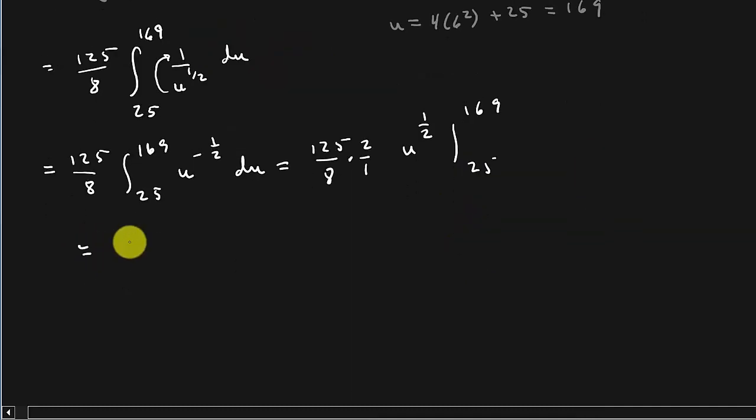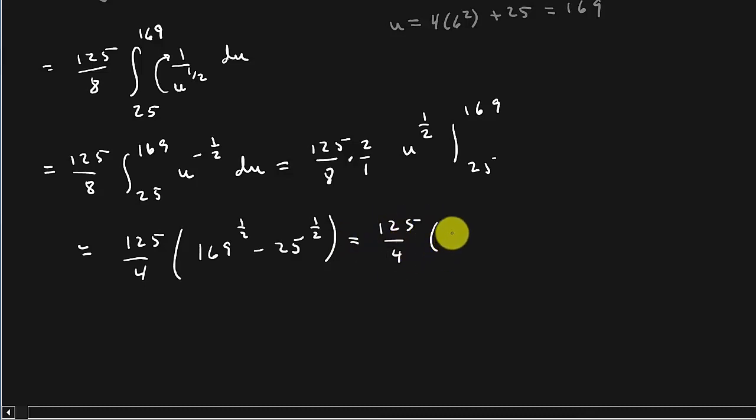Now we've got 125 over 4 times 169 to the 1/2 minus 25 to the 1/2. Remember, raised to the 1/2 is a square root. So that's 125 over 4 times 13 minus 5, which is 250.